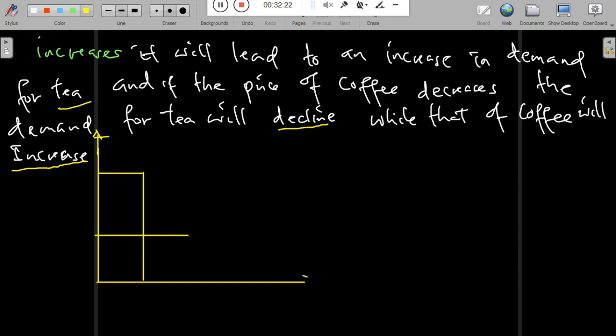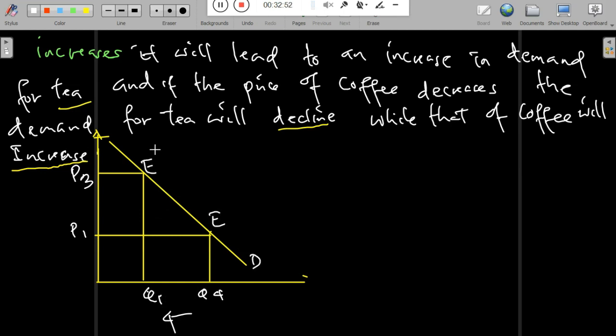As I told you, the left graph is coffee and the right hand side is the tea graph. So if a commodity has a close substitute, now here if the price of coffee increases, it will lead to an increase in demand for tea. This means that when the price of coffee increases, people will shift from consuming coffee to tea because the price of tea is constant.